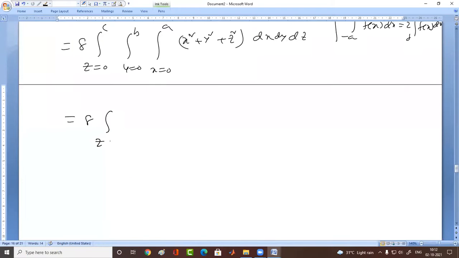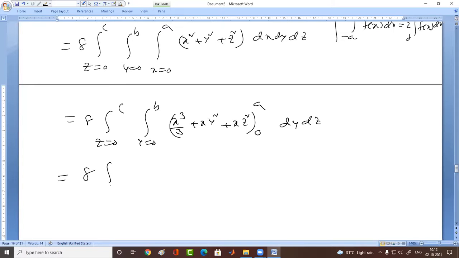Z is 0 to c, y is 0 to b, x cubed by 3 plus xy square plus xz square, 0 to a, dy dz. Now 8 times integral z is 0 to c, y is 0 to b, of a cubed by 3 plus ay square plus az square dy dz.